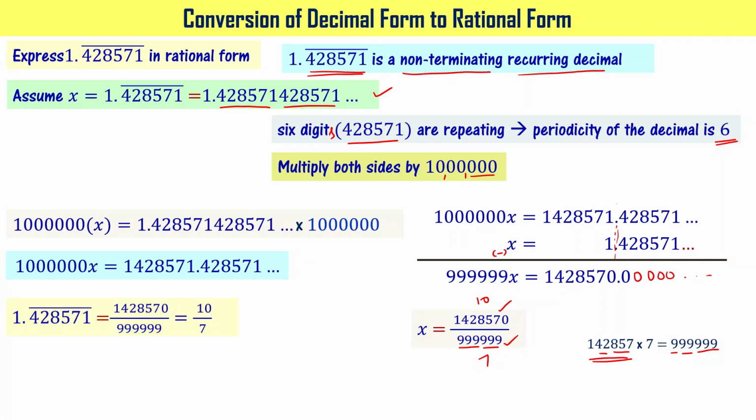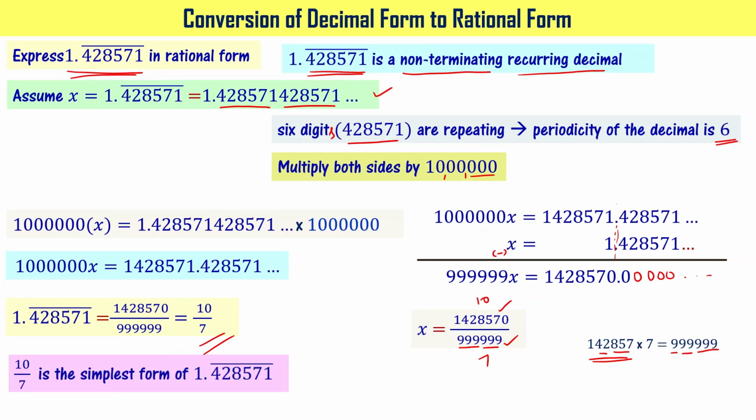So let me write that. 1.428571 with overbar on those 6 digits is equal to 1428570 divided by 9,99,999, that is equal to 10 by 7. Here 10 by 7 is the simplest form of the rational number you can write for the given decimal expansion, right?